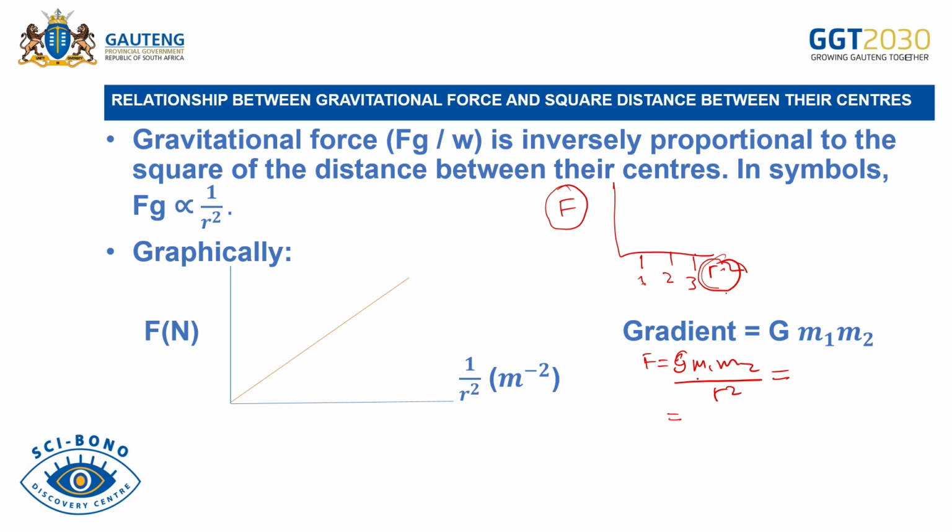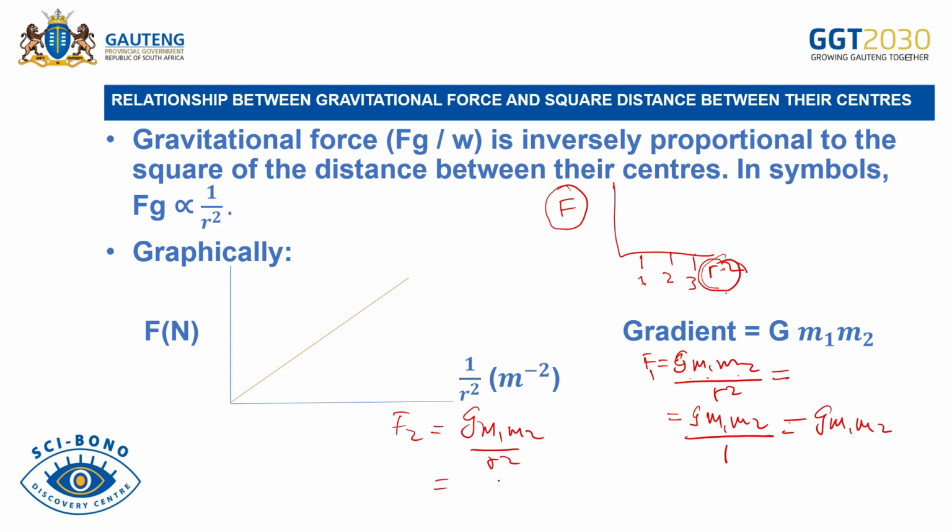I'm having G M1 M2. Your R squared here is 1, so for your F1, we just have G M1 M2.